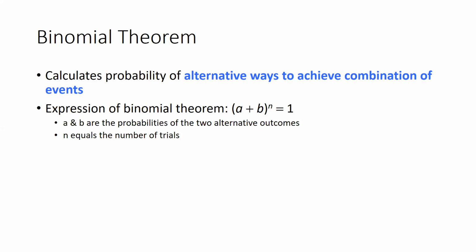In this case, you have this theorem, which is (A + B) to the nth power equals 1, where A and B are the probabilities of two alternative outcomes. So this theorem works only with two different outcomes, right? Because it's binomial, and n is the number of trials.